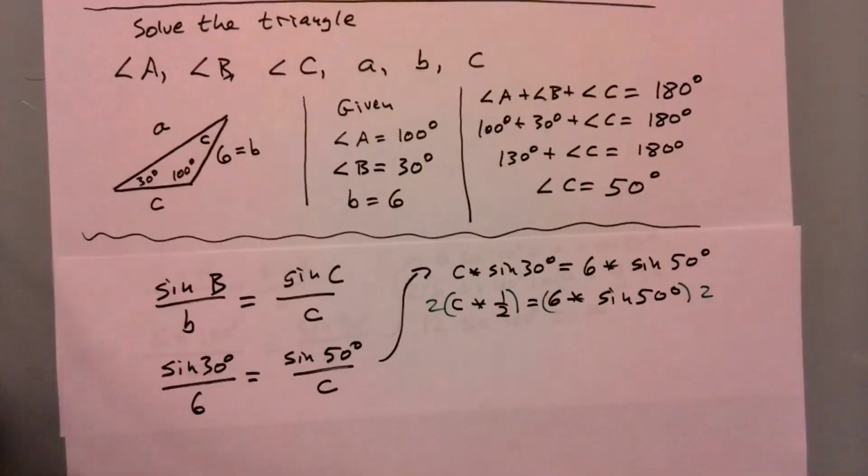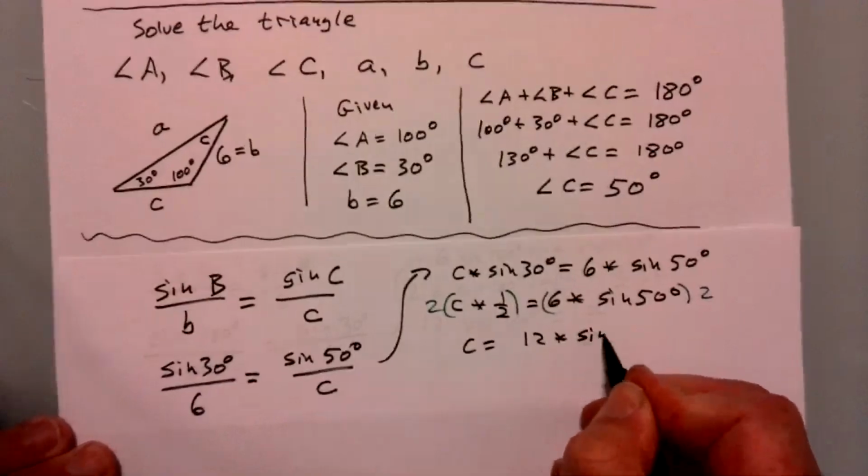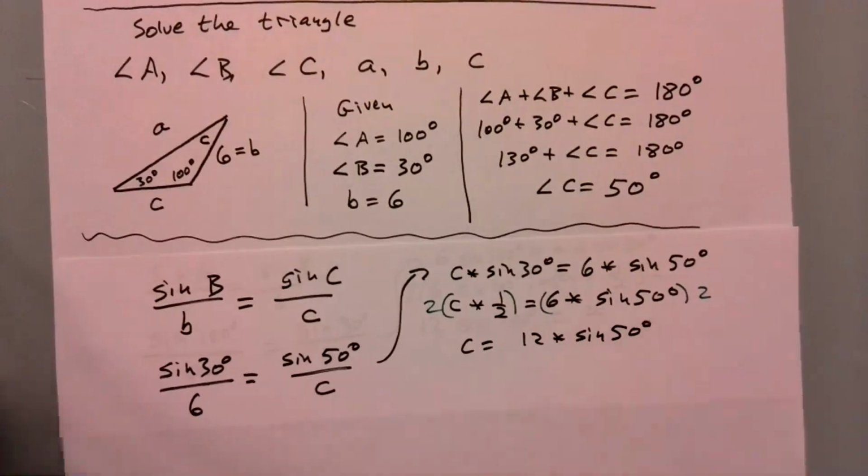And I get c equals 12 times sine of 50 degrees. And now I believe we have all 6 pieces of that triangle solved for. So that should work for us.